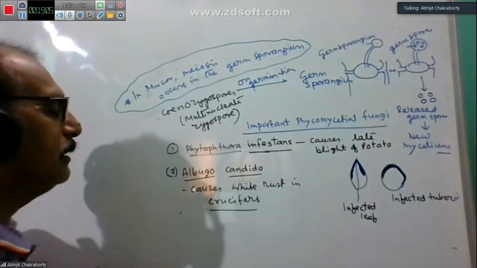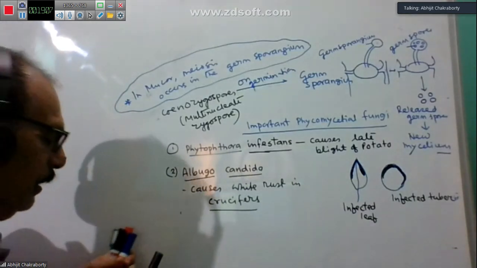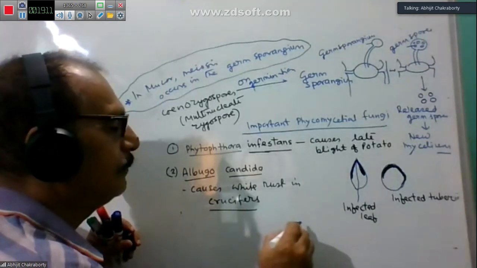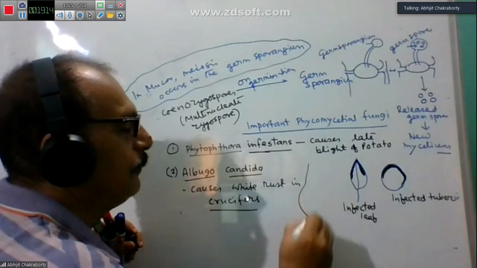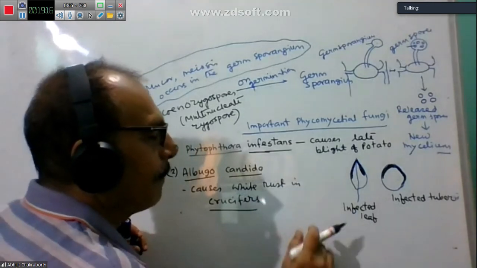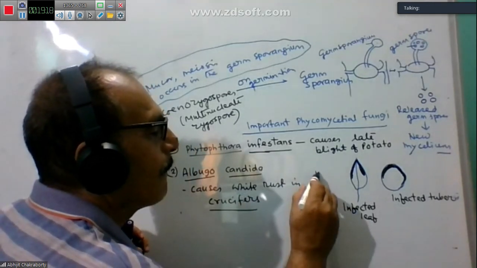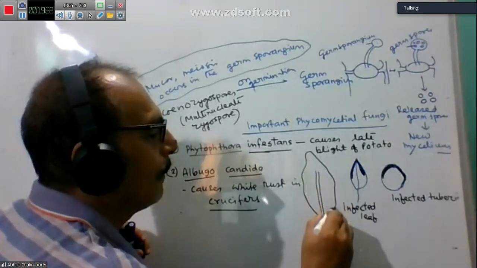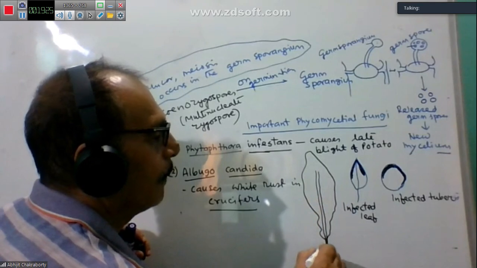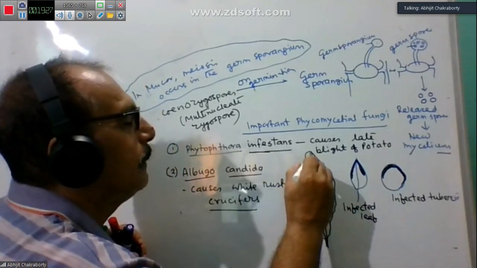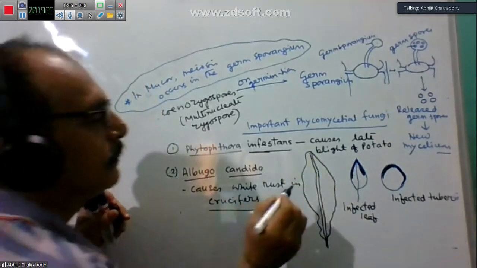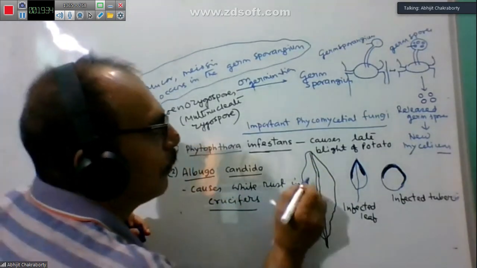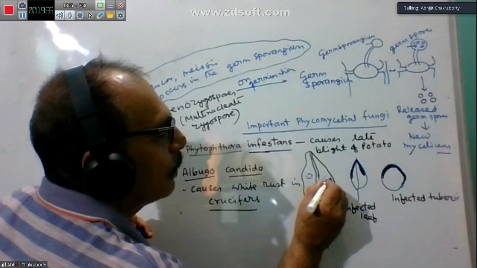So what is white rust in crucifers? Actually, what happens here, if it is a leaf of a crucifer like this, then you will see some white patches all over the leaf surface.